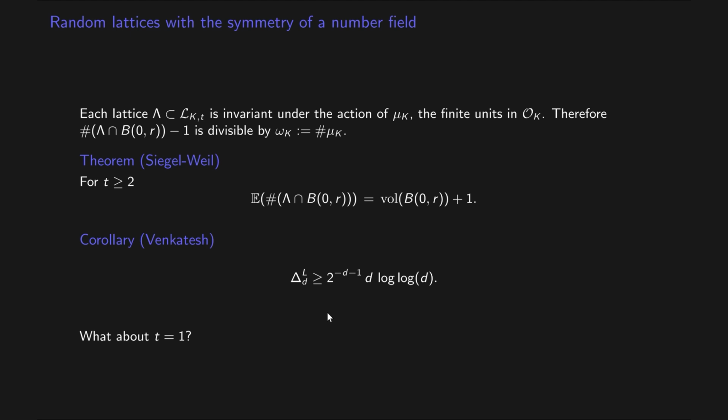And so last time we have seen that the corollary of this theorem is this lower bound for the lattice packing density. And so one question one might ask: all this worked for lattices, for these O_K modules of rank bigger or equal than 2. So what about rank 1?